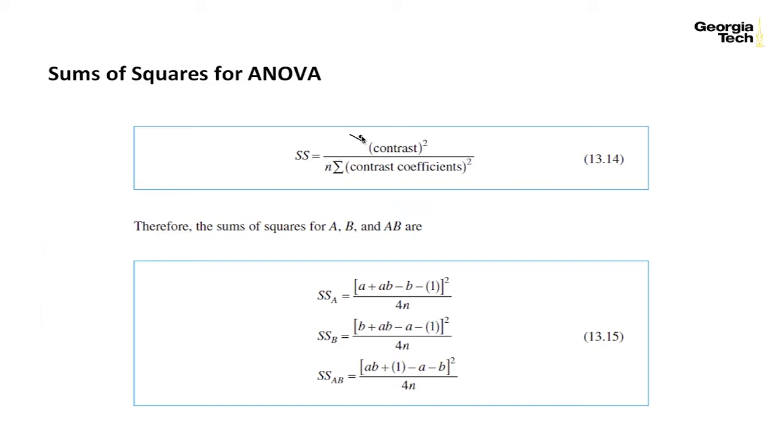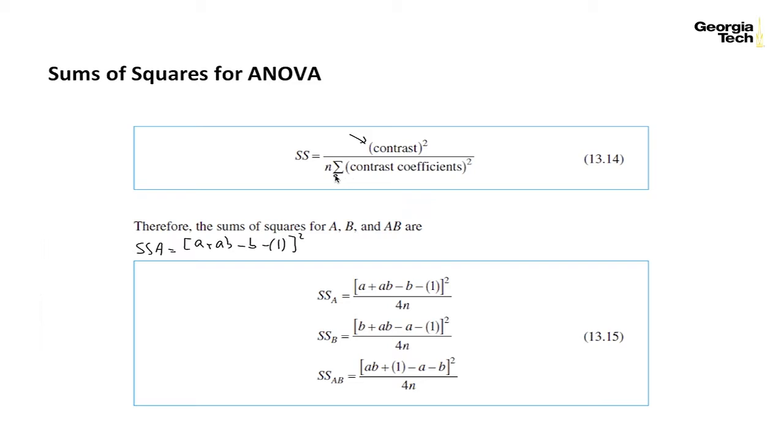Basically, it's a contrast squared divided by n times the summation of contrast coefficients squared. So if I want to calculate SS of A based on this equation, SS of A would be the contrast of A, which as you can see is A plus AB minus B minus 1. That's the contrast of A that we had before.